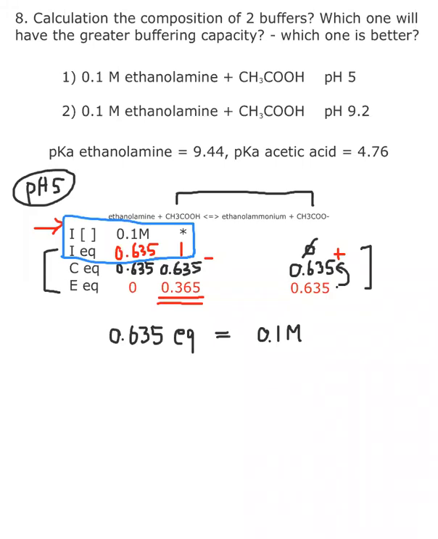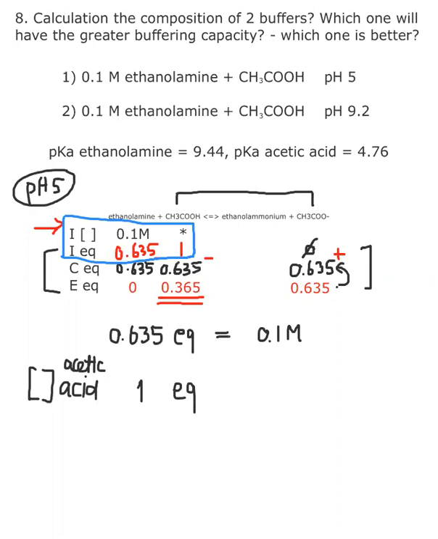And then for the concentration of acetic acid, we know that it begins with 1 equivalent, right, from the ice table here.